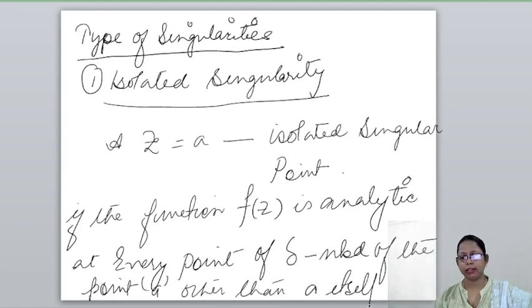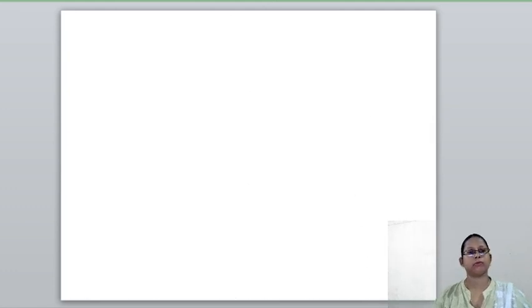That means it is analytic in the delta neighborhood except at a, then it is called an isolated singularity of the function f(z).